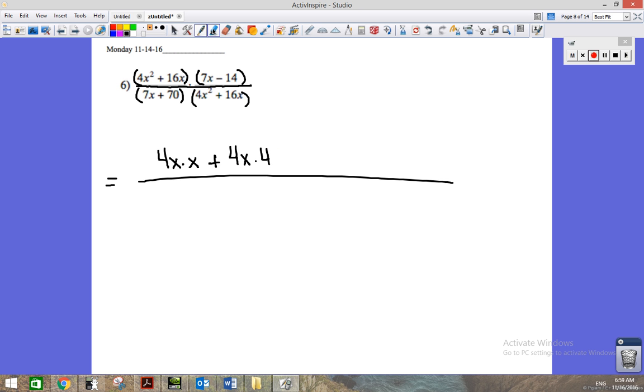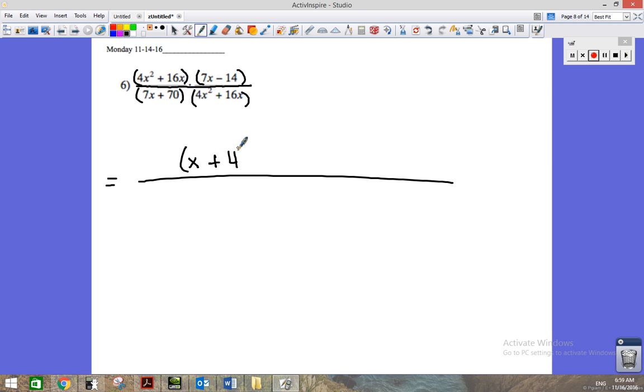And recognize that we have 4x that's in this term and a 4x that's in this term. 4x is common to both terms, so we can factor that 4x out of this binomial. So when we do that, we remove the 4x from this term and we remove the 4x from the second term. That leaves us with that binomial of x plus 4.